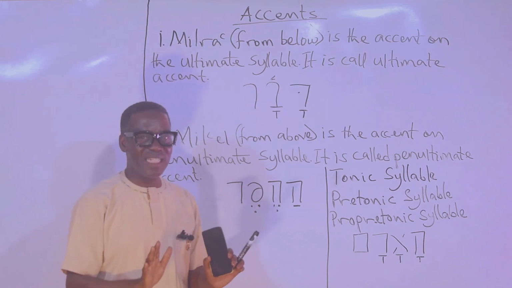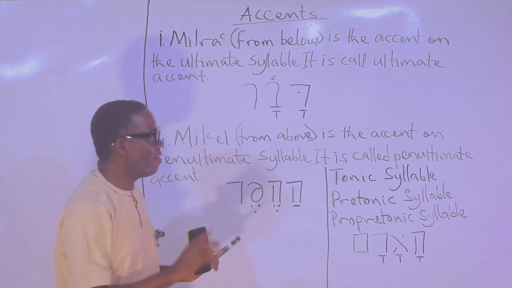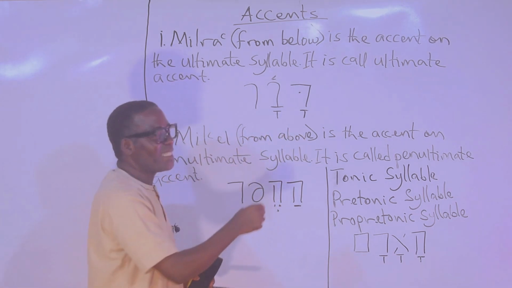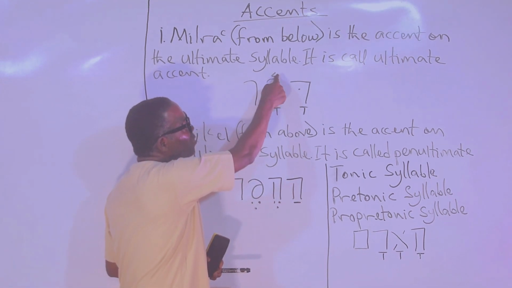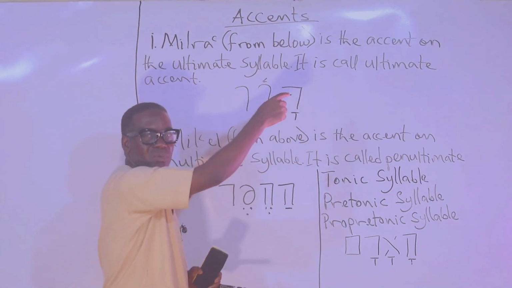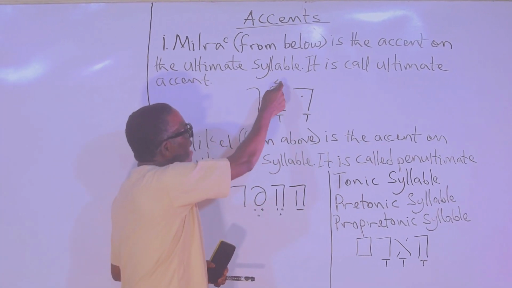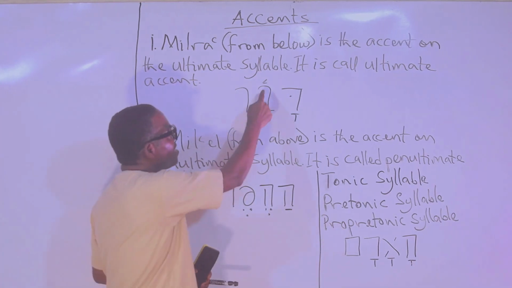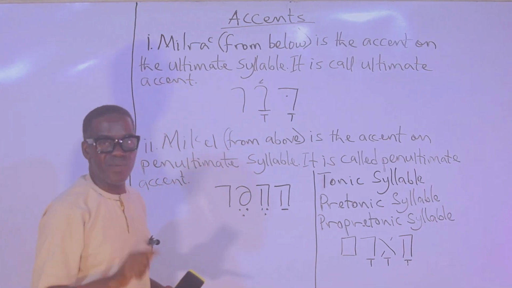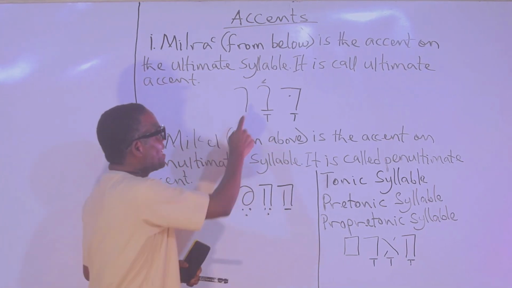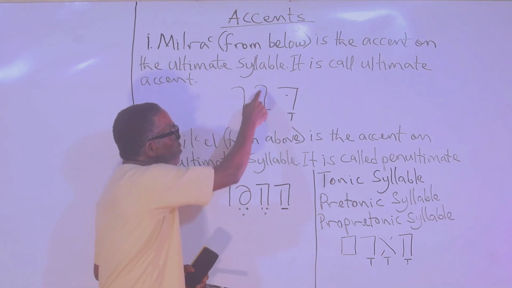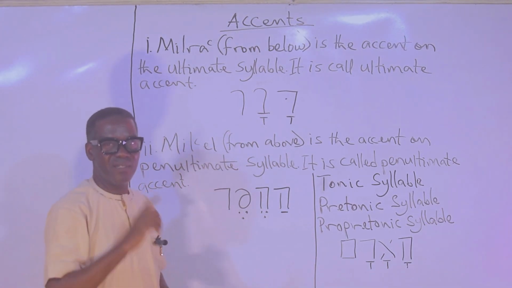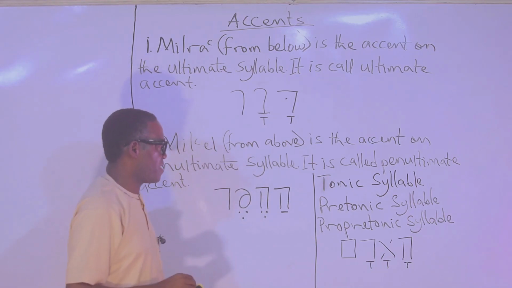It's not being indicated at all. You have to take note of that. Any word you see in Hebrew where the accent is not shown on the first syllable and it's not shown on the last syllable, you should know that the accent is on the last syllable. Accent on the last syllable, milra, is not being indicated. But the accent is there in pronunciation. Please take note of this.